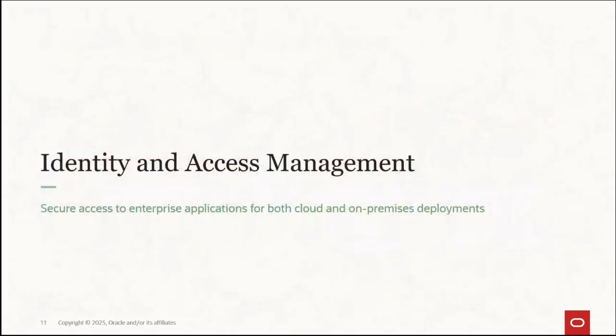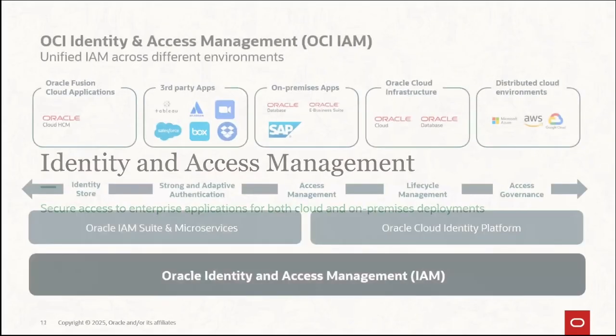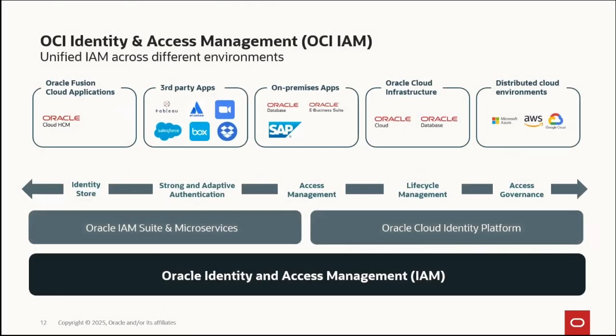Starting with the services themselves, we will start with identity and access management first. Oracle Cloud Infrastructure's identity and access management lets you control who has access to your cloud resources. You can control what type of access a group of users have and to which specific resources.